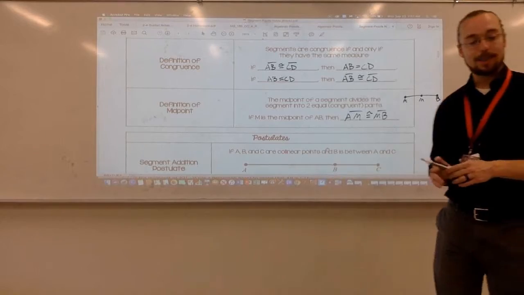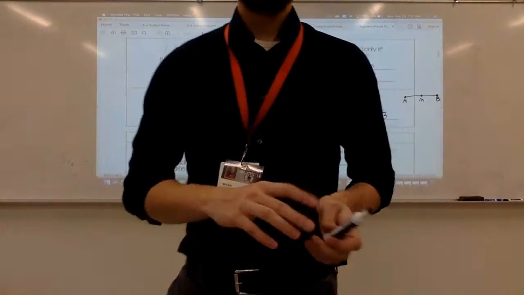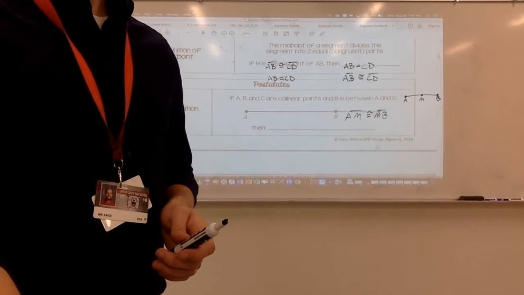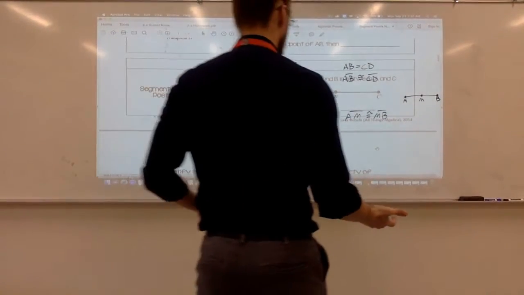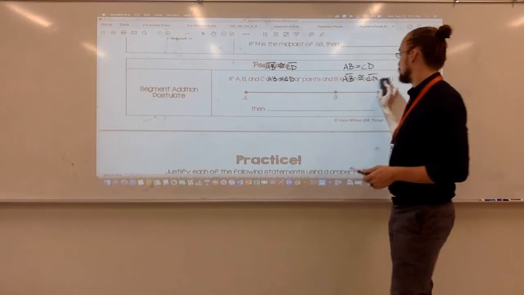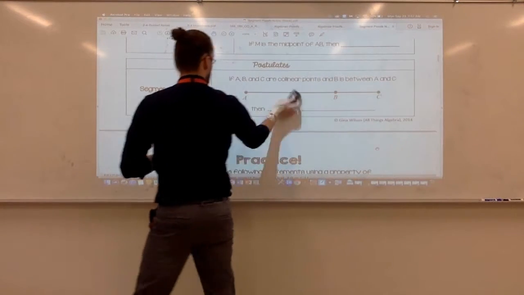All right, and then our last postulate on the front here, the segment addition postulate. We've already worked with this at the beginning of chapter 1, but now we're going to use it to prove things.